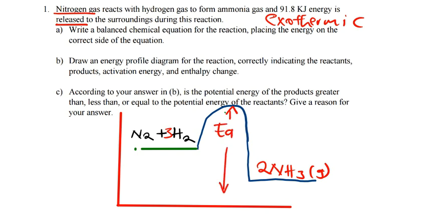Now the difference between the energy of the reactants and the products, this difference, is what we call the enthalpy change, delta H. So the question said we should indicate the reactants, the products, the activation energy, and the enthalpy change. So I've indicated those now.